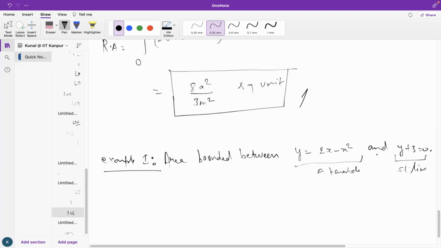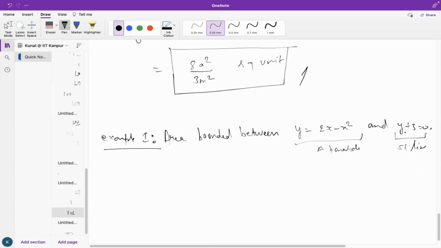Okay, so let's look at here, and what our area will be. It's also clear to you. So look at here. First of all, what is our slope here? If you draw y is equal to -3, its slope is 0. That means m is equal to 0.